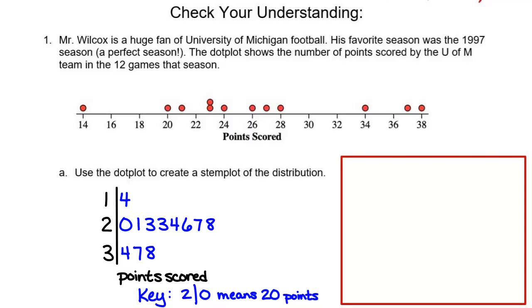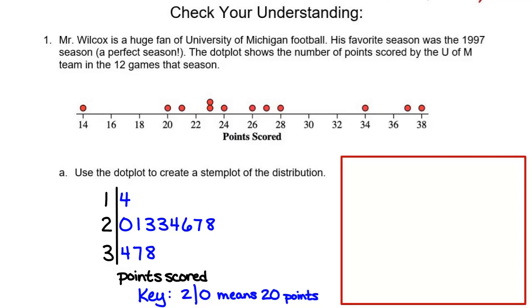Your stem plot needs to be labeled. So we need to know what this is a graph of. This is points scored. And then you have to include a key with your stem plot. So my key down here, I have 2 slash 0 means 20 points. It does not matter what number up here you choose to make your key with. It can be the biggest one, it can be the smallest one, it can be one in the middle.